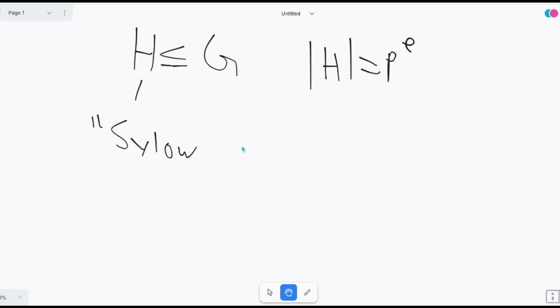And in particular, we call this one a Sylow p subgroup of G. A Sylow subgroup is always relative to some other group G, obviously.